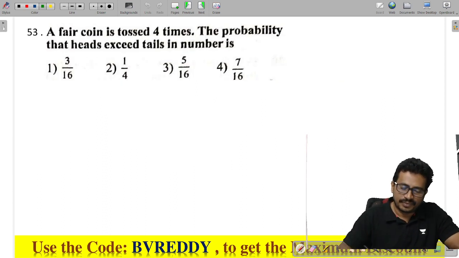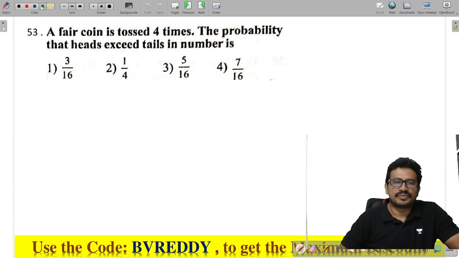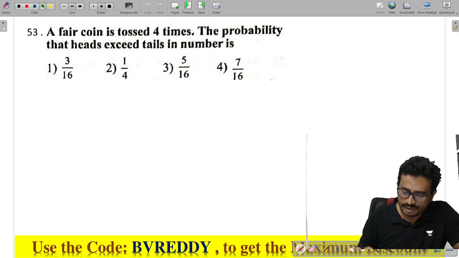Next, a fair coin is tossed 4 times. The probability that heads exceeds the tails means what here? 4 times tossed, heads must be more. So we have 3 heads, 1 tail.